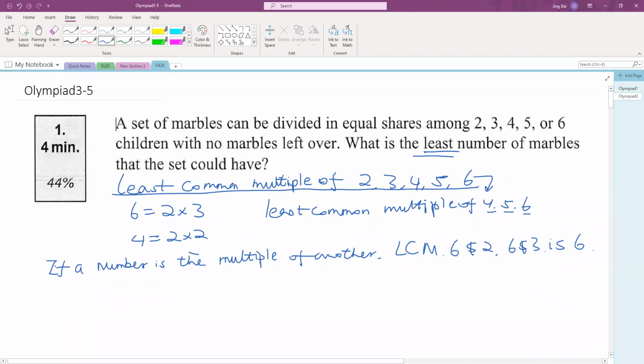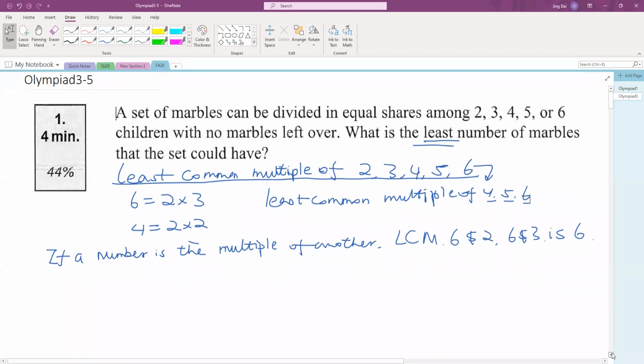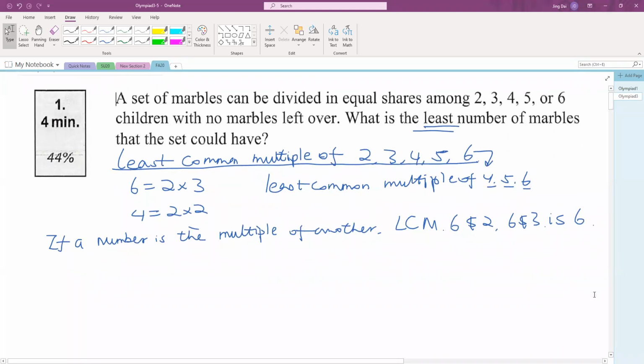So how do we solve a question like this? There are generally 2 steps. Step 1 is called prime factorization. We don't have to really understand this phrase.